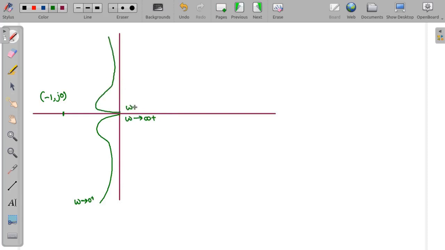This point is omega tending to infinite minus, omega tending to 0 minus, and from here this circle starts. So now you can see that we have the Nyquist plot from the Nyquist contour.